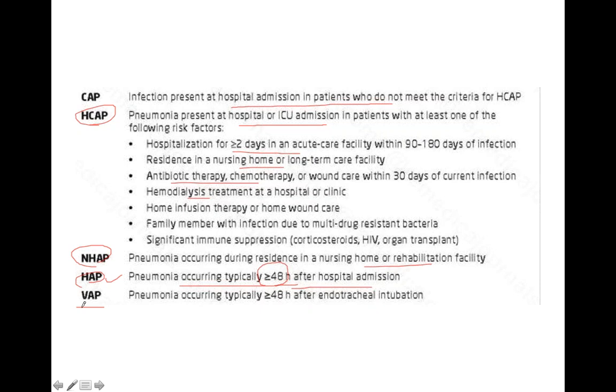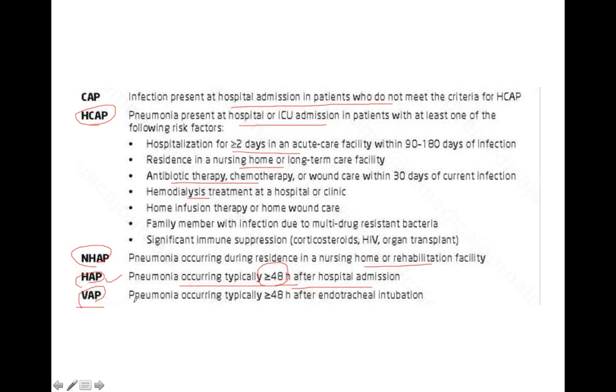Ventilator associated pneumonia: the patient comes with acute respiratory failure, so we intubate the patient. Suppose the patient has a COPD attack and we intubate. After 48 hours we do an x-ray and find new patchy infiltrates which were not present initially during admission.